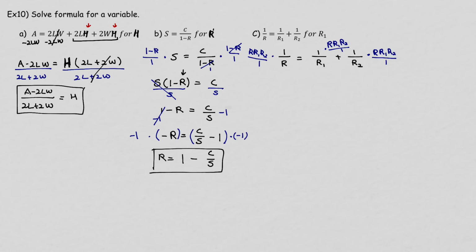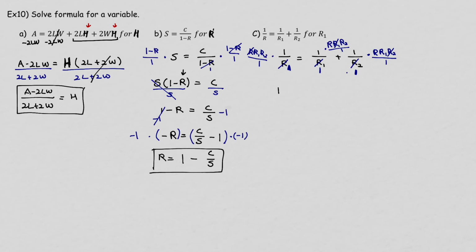So that will get rid of r sub 1, r sub 2. And all the denominators are 1, right? So no more fractions. Then what's left over?